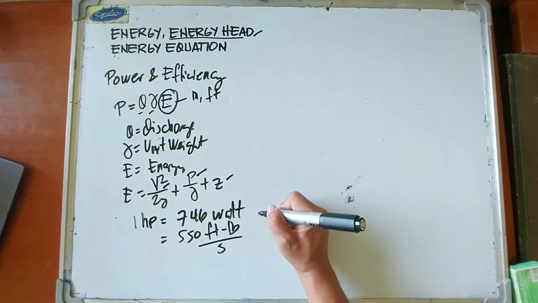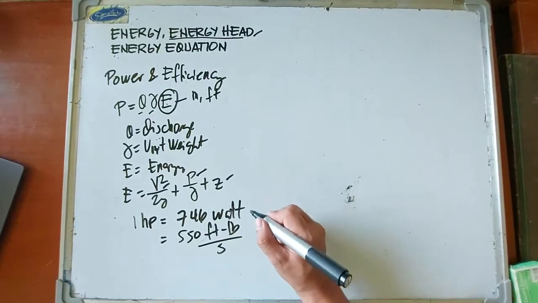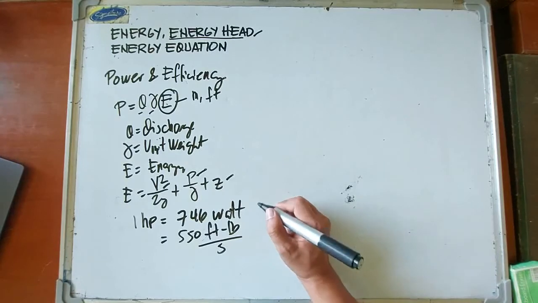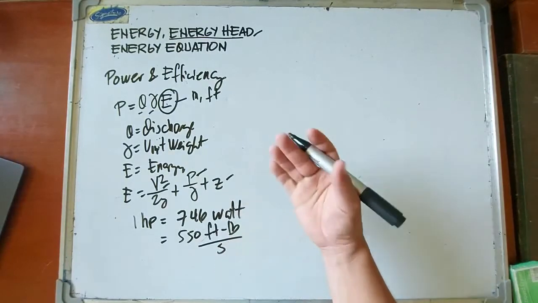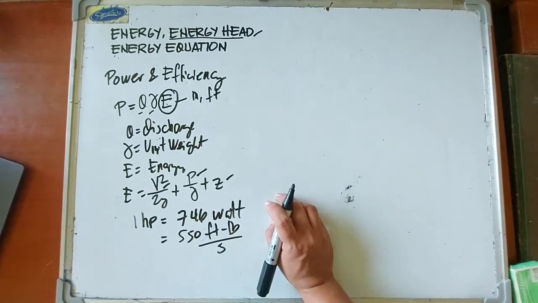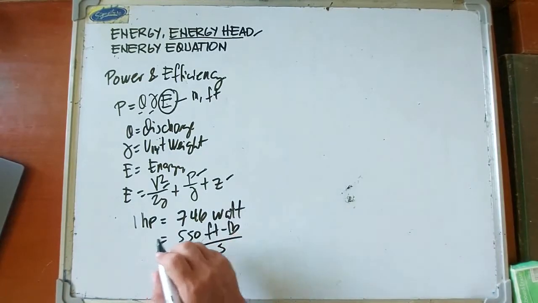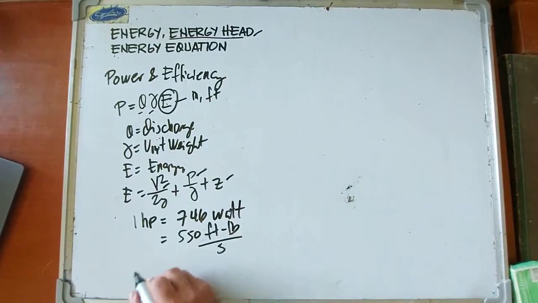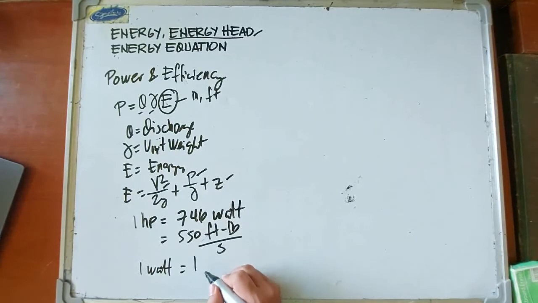That's our conversion. I don't know if these conversions are in your calculators. Better to memorize them to be sure. So 1 horsepower equals 746 watts, which is also equal to 550 foot-pound per second, and 1 watt is equal to 1 joule per second.